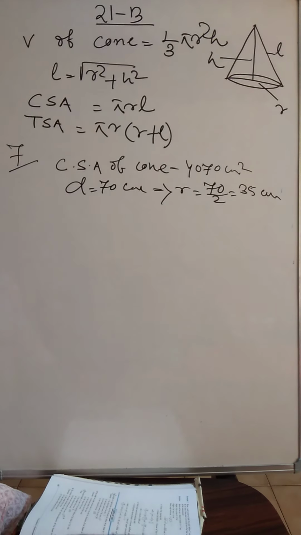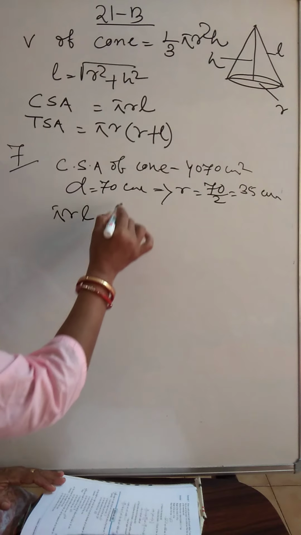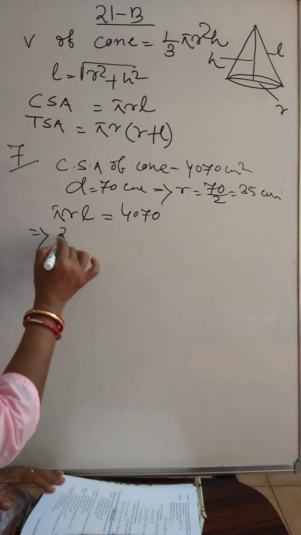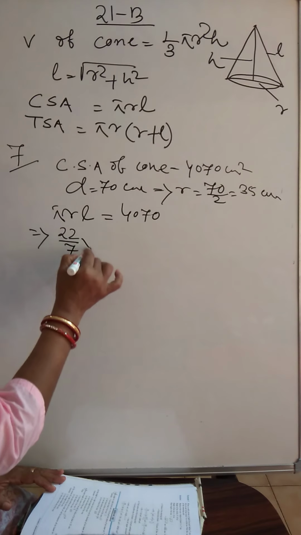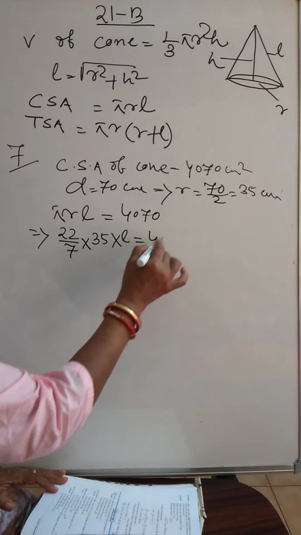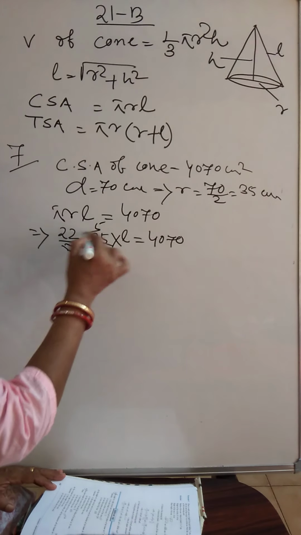So children, curved surface area of cone formula is pi r l, that is equal to 4070. Pi value is 22 by 7. R is 35, L I don't know. Now cut this one.